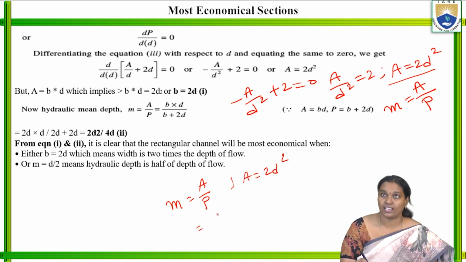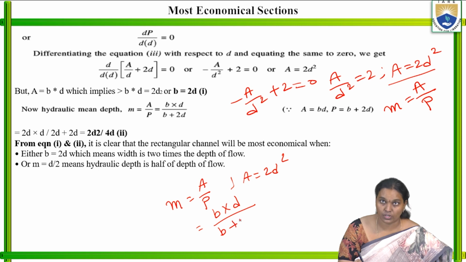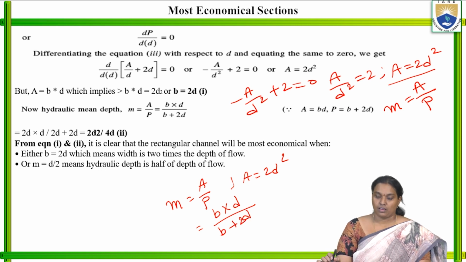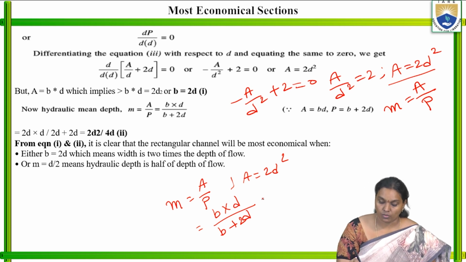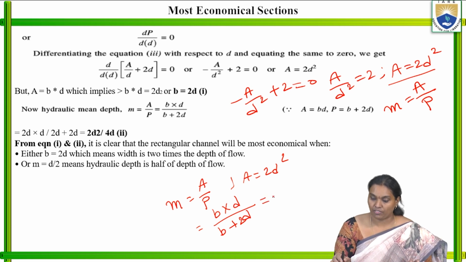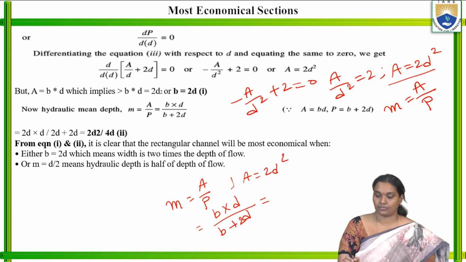Area is equal to B into D, and P is equal to B plus 2D. Now in terms of A equal to 2 into D square, B we already know in terms of A.